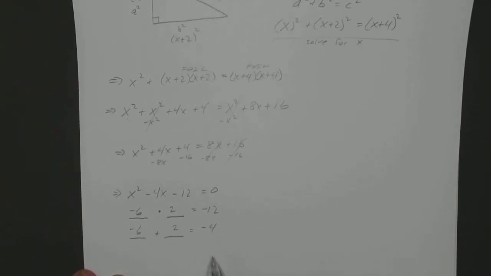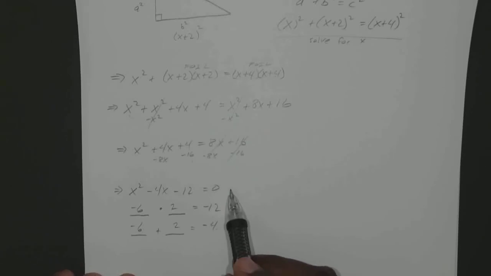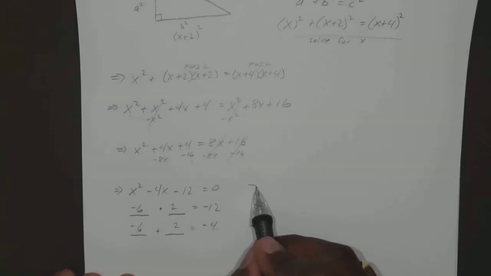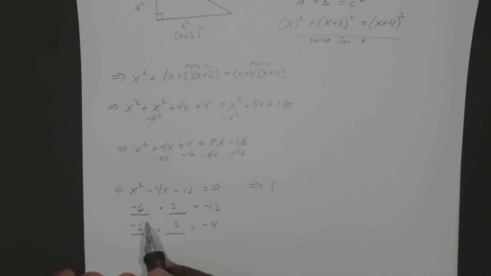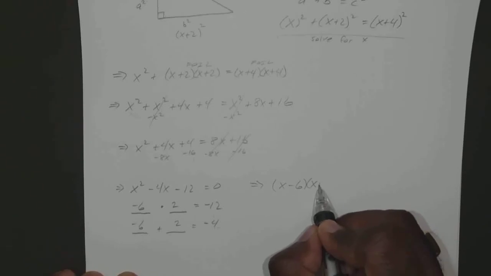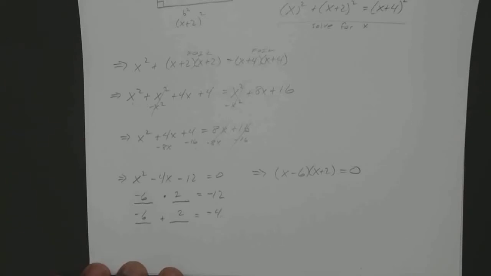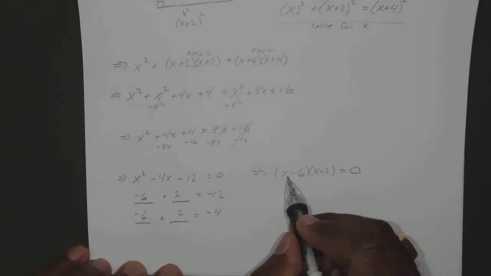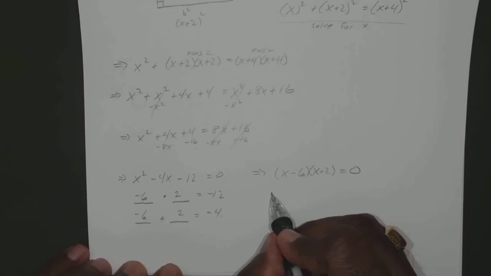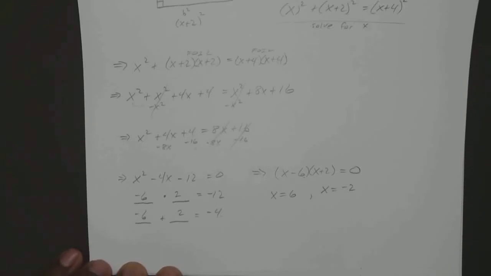And negative 6 plus 2 is negative 4. Alright, so that gives us x minus 6 times x plus 2 equals 0. Okay, so that means if we separate those and solve for x, that means x equals 6 or x equals negative 2.